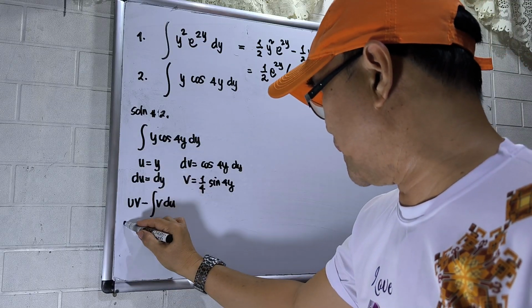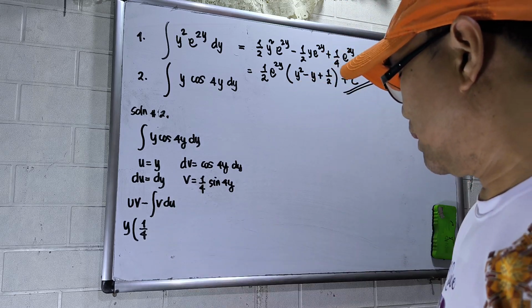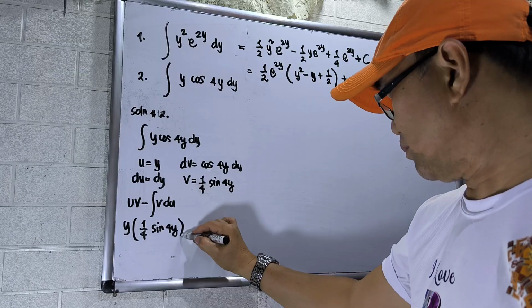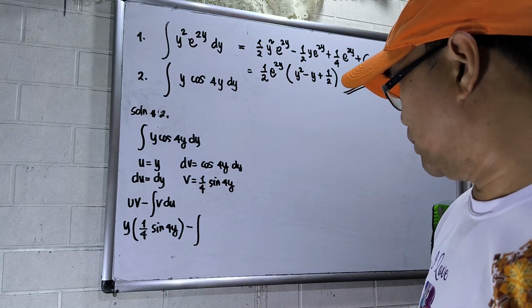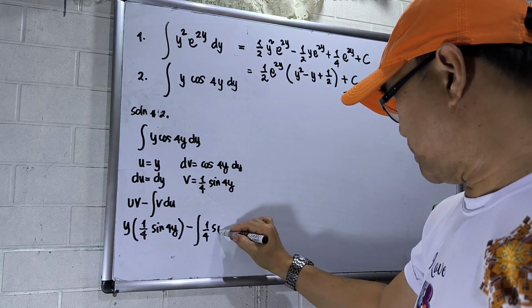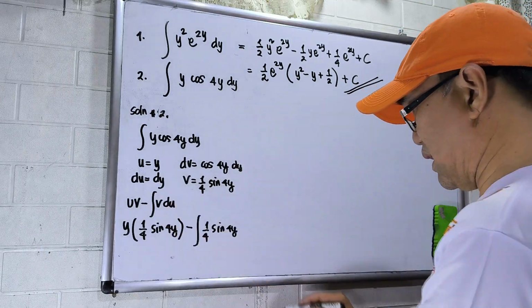uv, y, v is in brackets 1/4 sine 4y, minus integral v du. v is 1/4 sine 4y. Then du is dy.